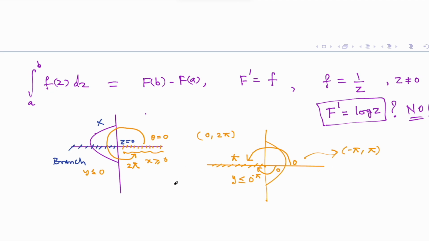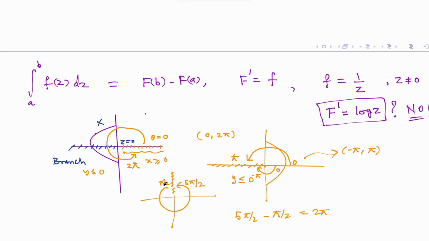In case you want to define the branch on this line, you can very much define it, because you can take your argument from pi/2 to 5 pi/2, since 5 pi/2 minus pi/2 will give you 2 pi, right? So for this type of function, log z is defined for every argument in the open interval of length 2 pi, and the function is well defined.